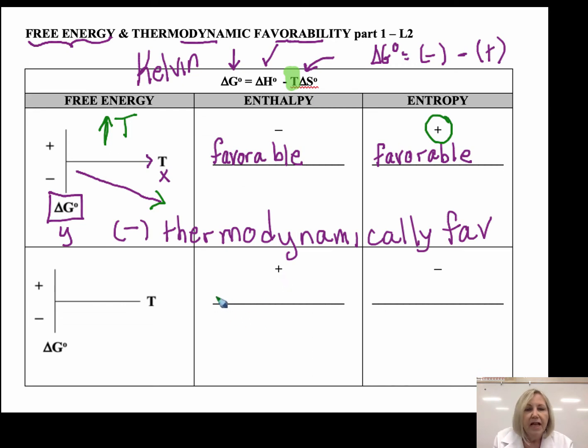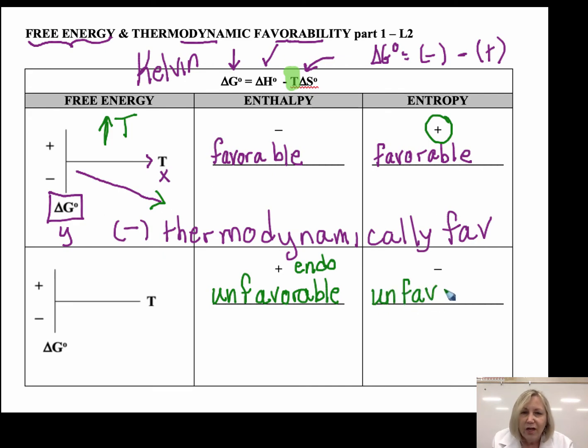Enthalpy positive, that would represent an endothermic situation, and that's considered energetically unfavorable. That doesn't mean those reactions won't proceed. It just means we have a barrier for that reaction to proceed to make product. A negative entropy means we have less disorder, less freedom. That is also unfavorable.